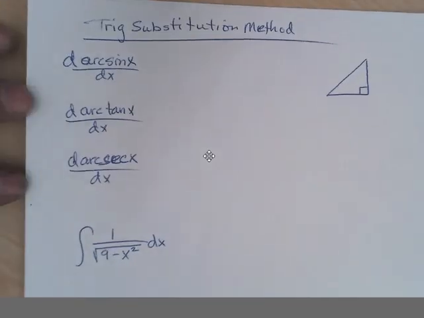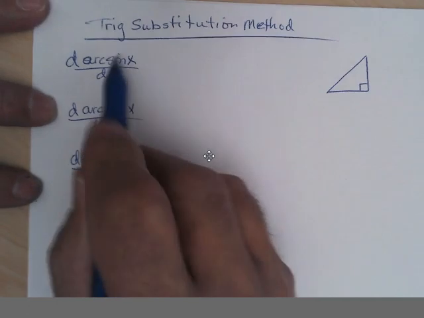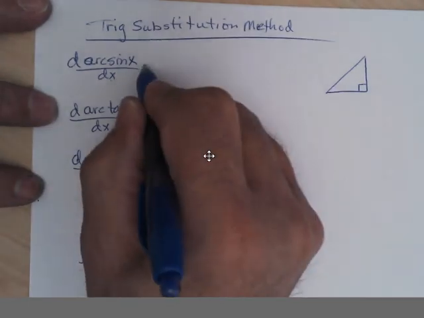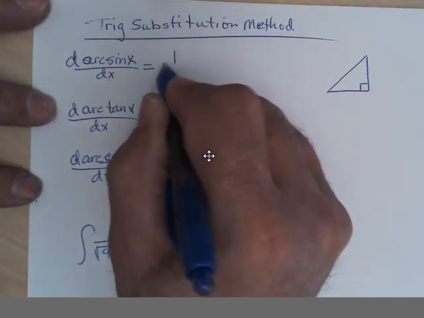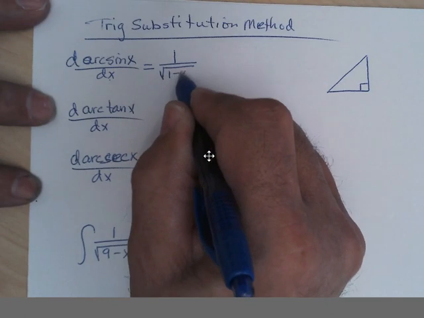So, the trig substitution method. What we did in class was we looked at, first of all, what is the derivative of arcsine? And if you've forgotten, it's 1 over the square root of 1 minus x squared.